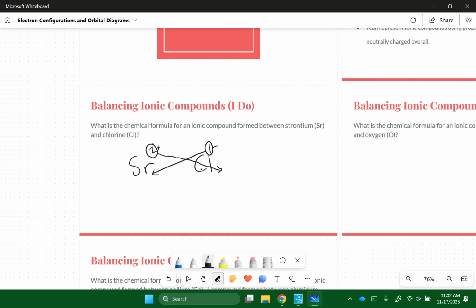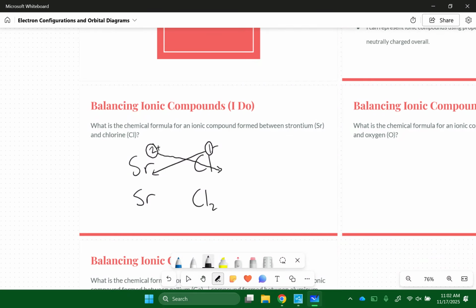So when I copy these over, it's going to be Sr, and the 1, it's going to have a 1 subscript. But remember, we don't write 1 subscript, so I'm going to remove that. And chlorine is going to have a subscript of 2.